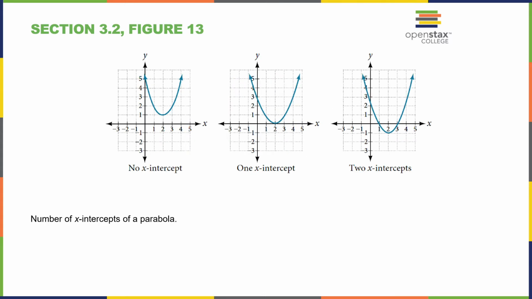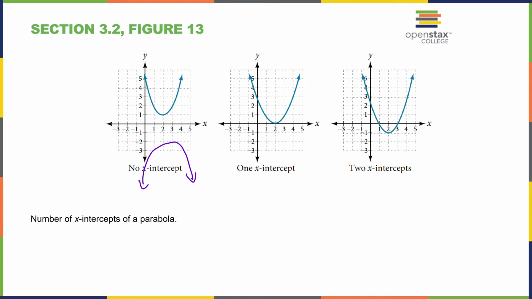All right, so let's talk about the x-intercepts of a parabola. I've mentioned this before, but this is a good time for us to have a visual. If you have an upward facing parabola above the x-axis, it's going to have no x-intercept. You would also have no x-intercept if you had a downward facing parabola below the x-axis, okay?